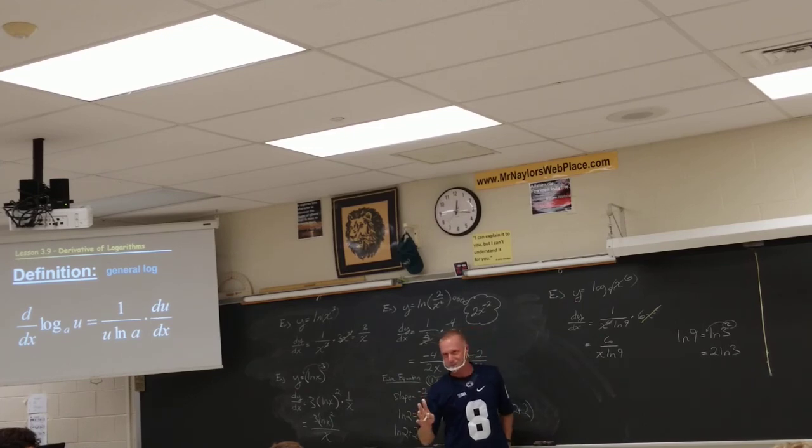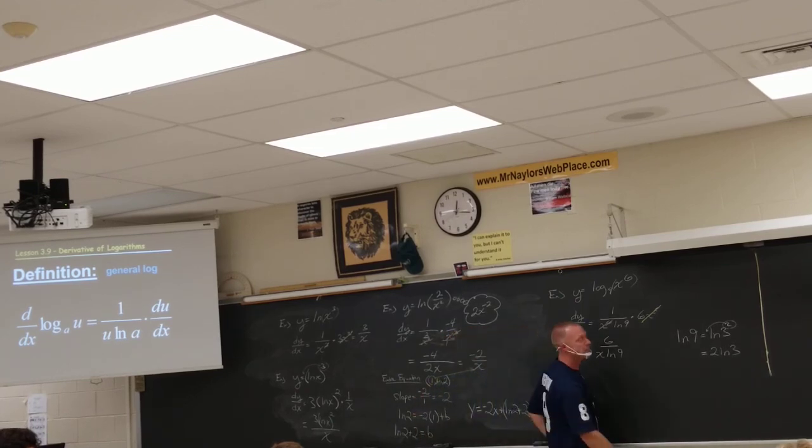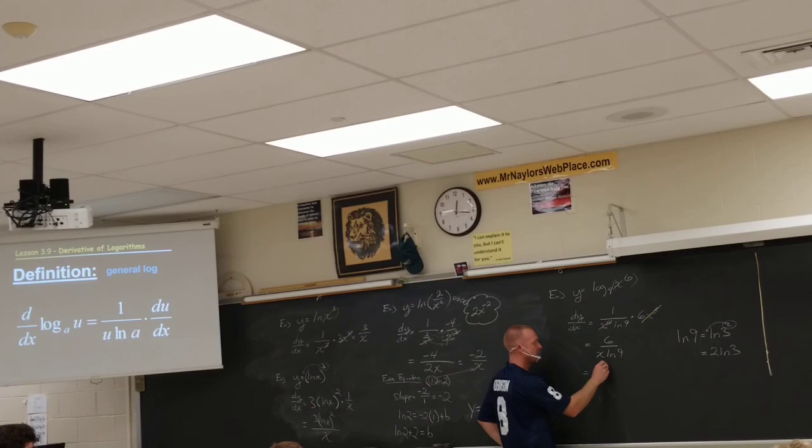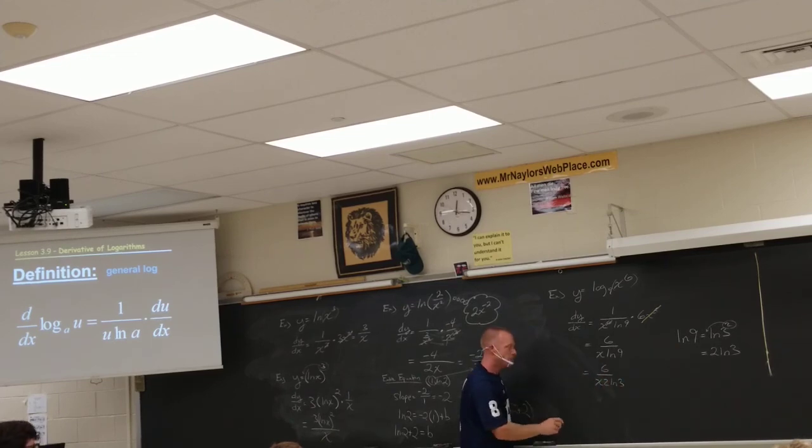That's not the derivative. That's a rule from logs. A log always makes an exponent come down in front. But what I'm saying here is that we now have a 2 ln of 3, which is able to interact with this 6.